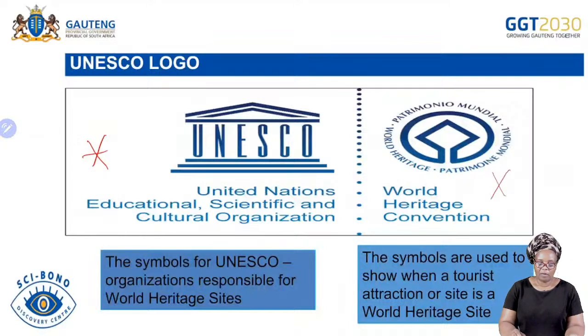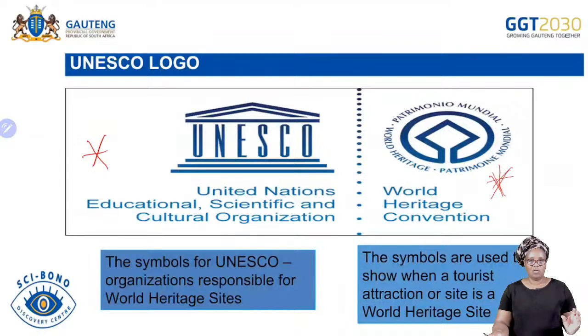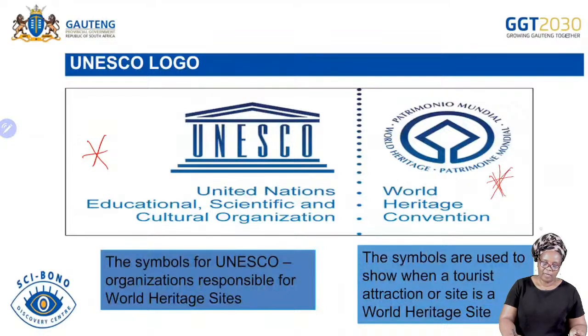and this one also for the World Heritage Convention. The UNESCO logo that you'll see on the icon is just a symbol for UNESCO, and it will tell you that this icon is a World Heritage Site. So here there are two of them.